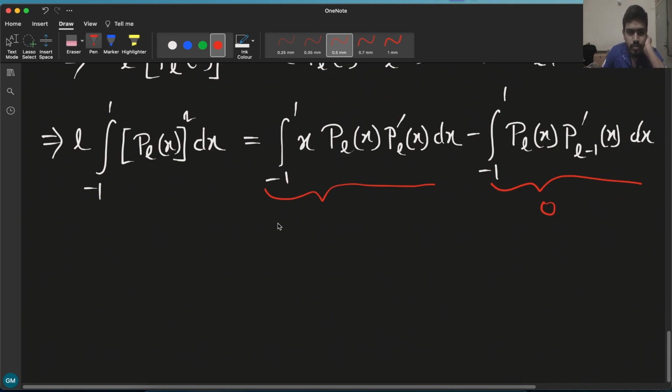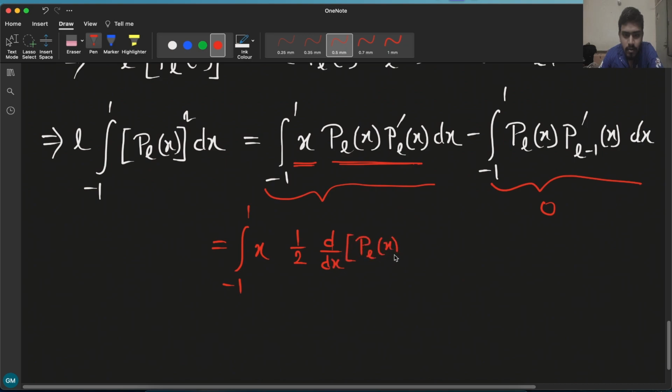So if I treat it as the first function, and treat the whole thing as the second function, let me write it in a different way. Minus 1 to 1, x times, I can write it as 1 by 2 d/dx of P_l(x) squared, and there is dx.